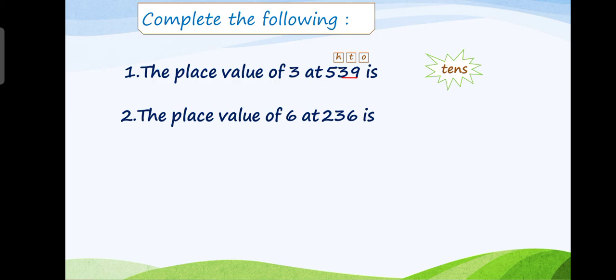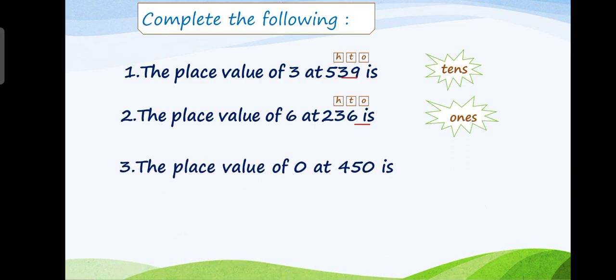The place value of 6 at 236 is... we said the places: ones, tens, hundreds. 6 is in which place? In ones. Number 3, the place value of 0 at 454.